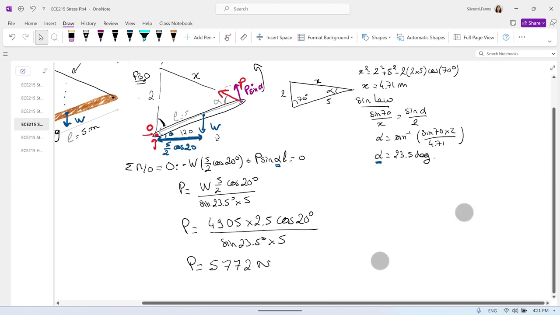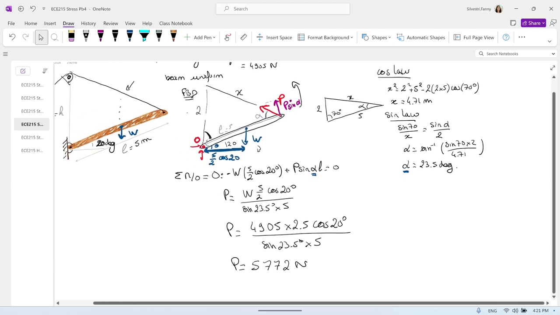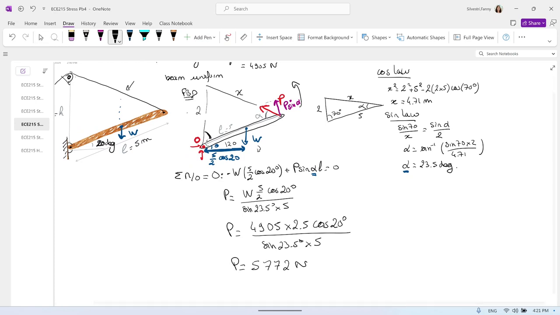And we have one last step, because what we need is not the force but the stress. So we go grab the formula for the stress. Sigma equals the normal force, in our case here it's P, divided by the area of the cable. And we know that the cable is 5 centimeters. Remember, we need to use millimeters squared for the area.